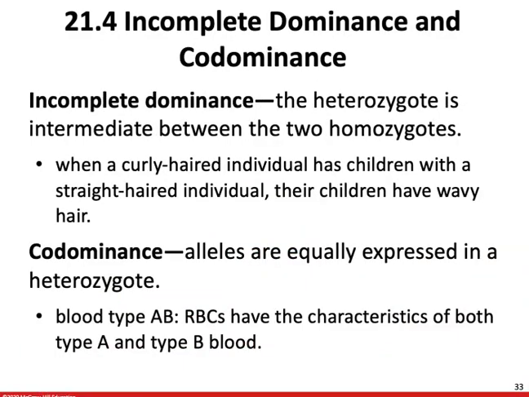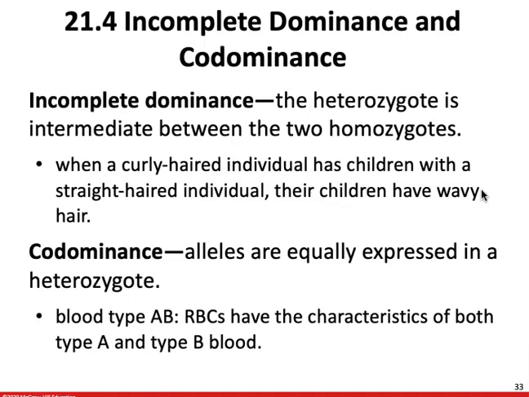We also want to talk briefly about incomplete dominance and codominance. Incomplete dominance and codominance are going to seem pretty similar. In the case of incomplete dominance, the heterozygote is going to be an intermediate between the two homozygotes. So, for example, if a curly-haired individual has children with a straight-haired individual, the children's hair is going to be wavy.